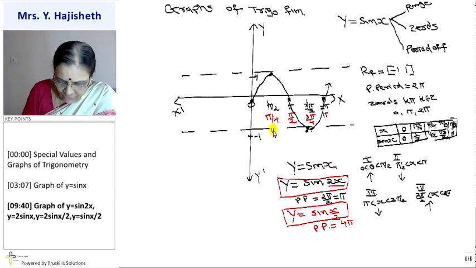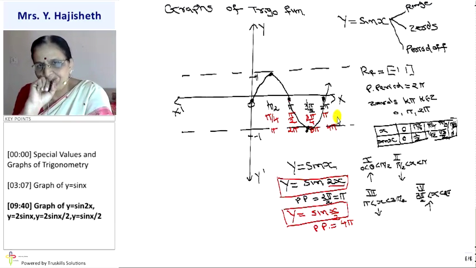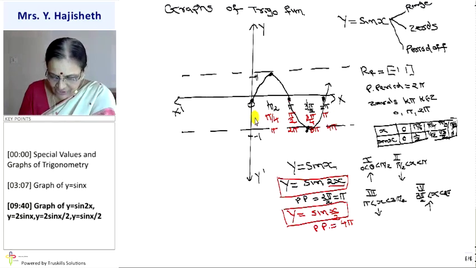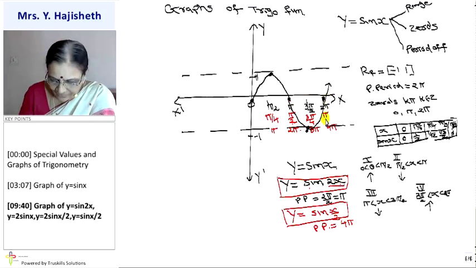Pi by 2 is going to become pi, this is 2 pi, this is 3 pi, and this is 4 pi. The graph will remain the same. Range will remain -1 to 1. And my zeros are here. Zeros are 0, 2 pi and 4 pi. For the previous y is sin 2x, my zeros are pi by 2 and pi.